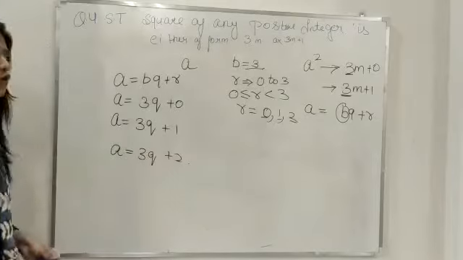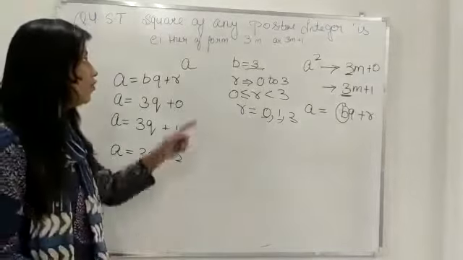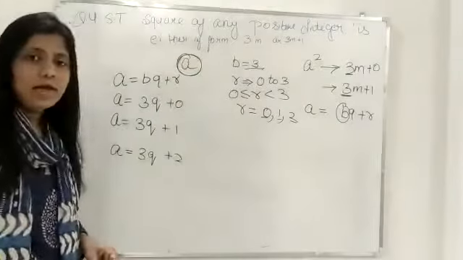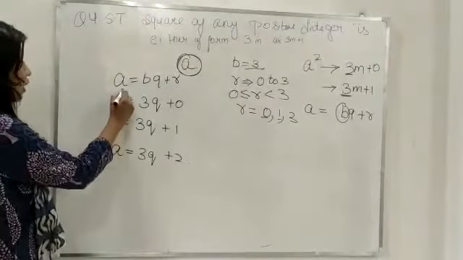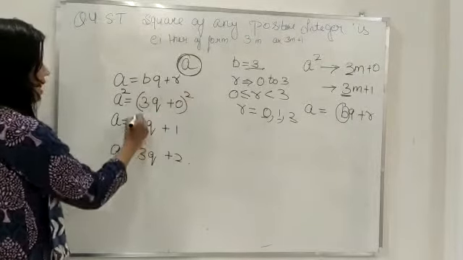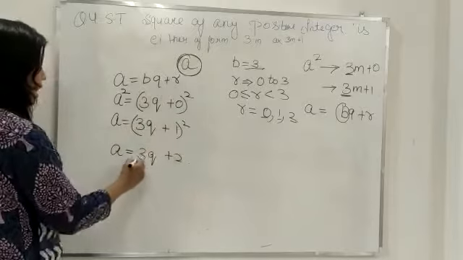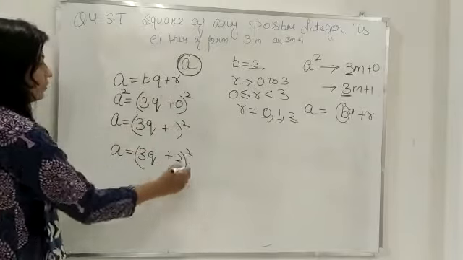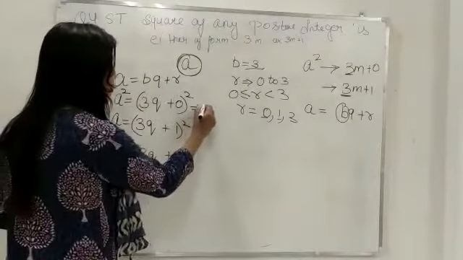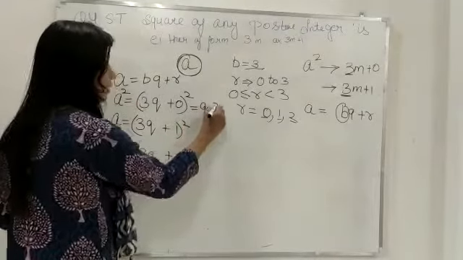Now what I want to find is the square of the positive integer. I want to find the square of a, right? So I will do the square of this, the square of this, and the square of this. So the square of 3q is 9q square.